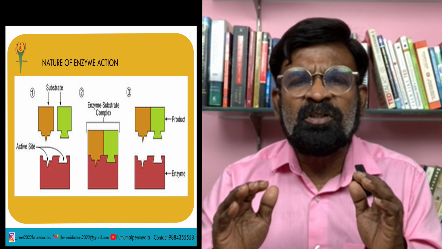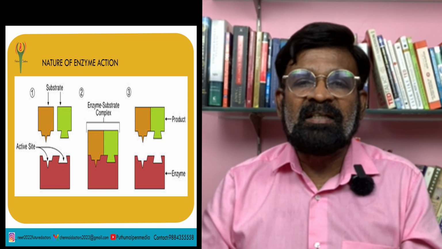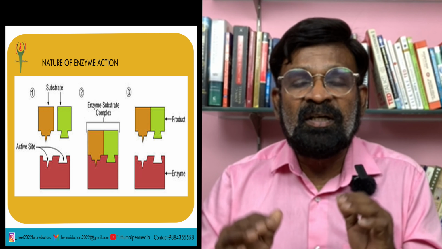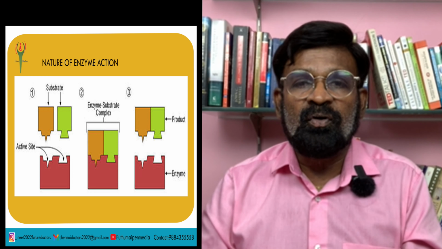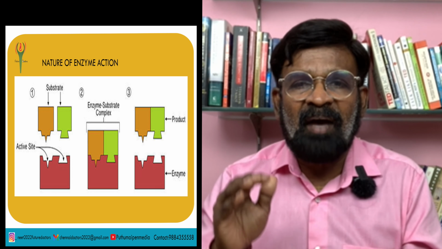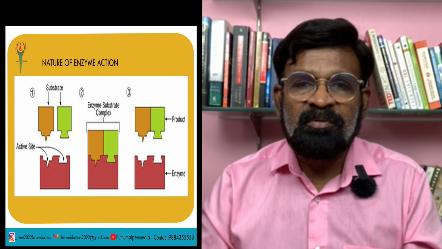This hypothesis is also known as the lock and key mechanism. It was given by Fischer in 1894. The catalytic cycle of enzyme action can be described in the following steps.